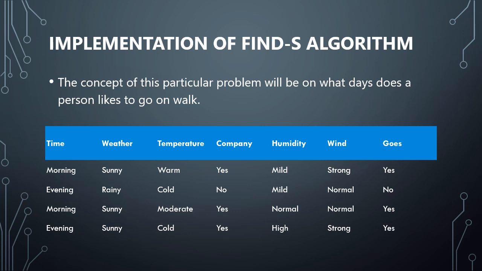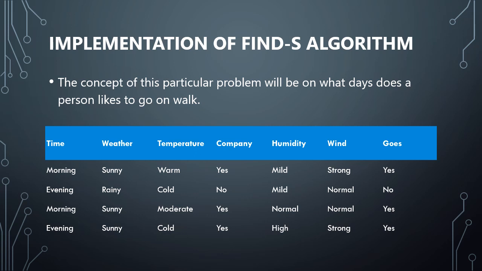Now, the implementation of the Find-S algorithm. This is the example, the concept of this particular problem. We will look at on what day a person likes to go for a walk. Here, in this example, looking at the data set, we have six attributes: time, weather, temperature, company, humidity, wind.